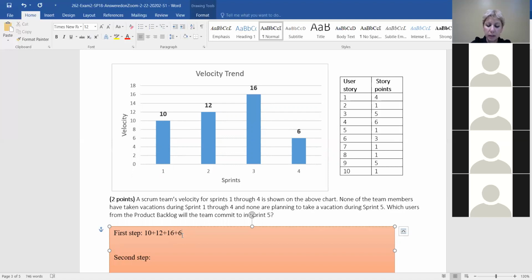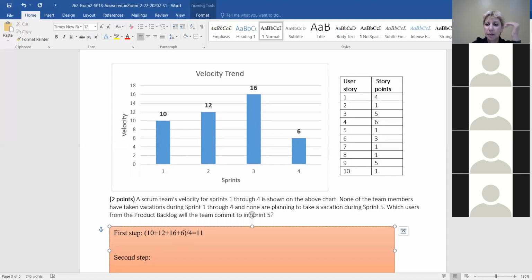Put parentheses around these numbers. And that's going to be 22, 34, 44 divided by 4 is 11. 11. Oh, 11.